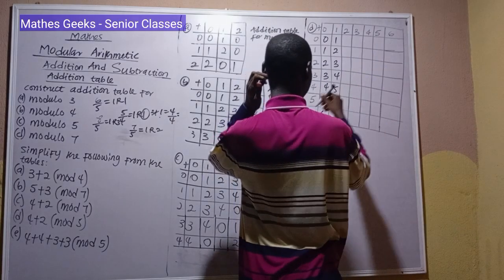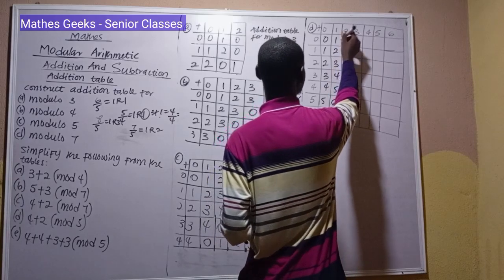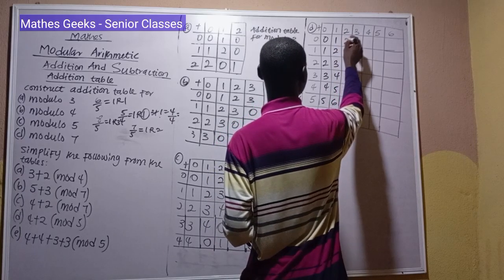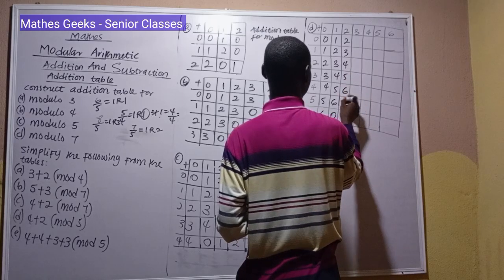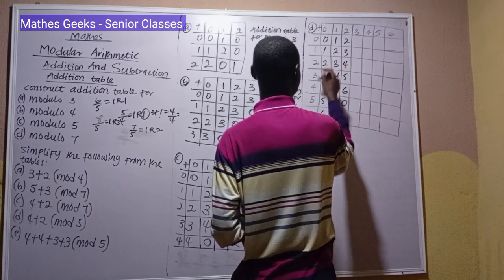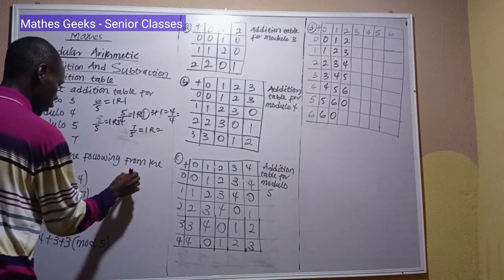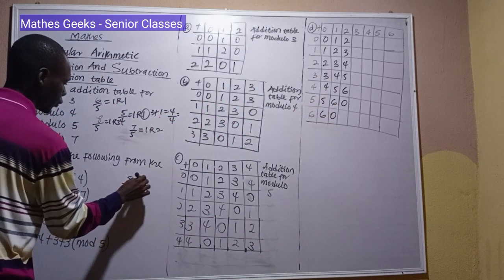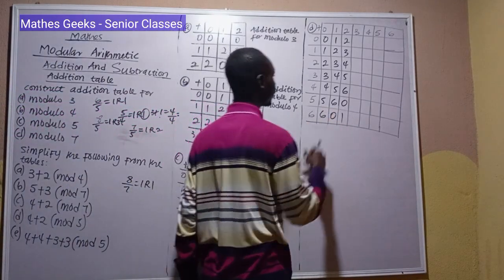And this is mod 7, so 7 in mod 7 is 0. 2 plus 0 is 2, 3, 4, 5, 6. 2 plus 5 is 7, which is 0. And 2 plus 6 is 8. 8 over 7 equals 1 remainder 1. So there will be 1.